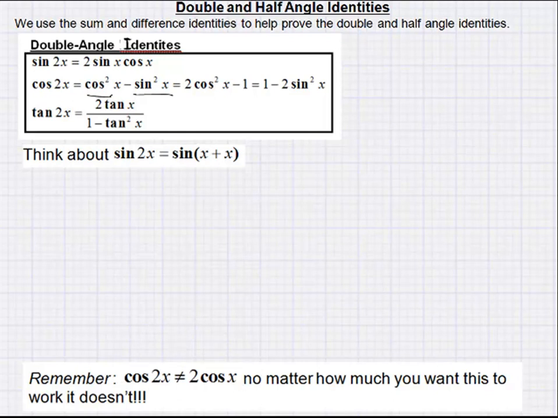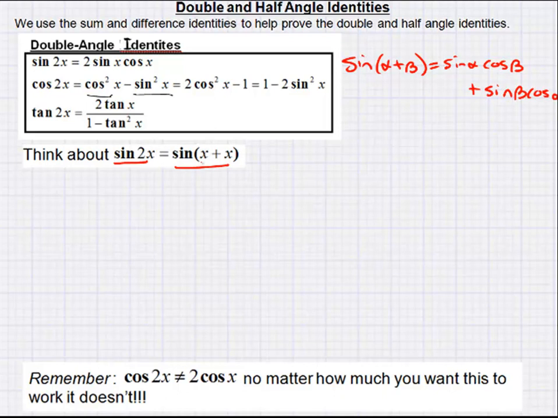So what do we know? We know that the sine of alpha plus beta is equal to the sine of alpha cosine of beta plus the sine of beta cosine of alpha. So if that's the case here, if I think of the sine of 2x to be sine of x plus x, x plus x being 2x, this is a sum.